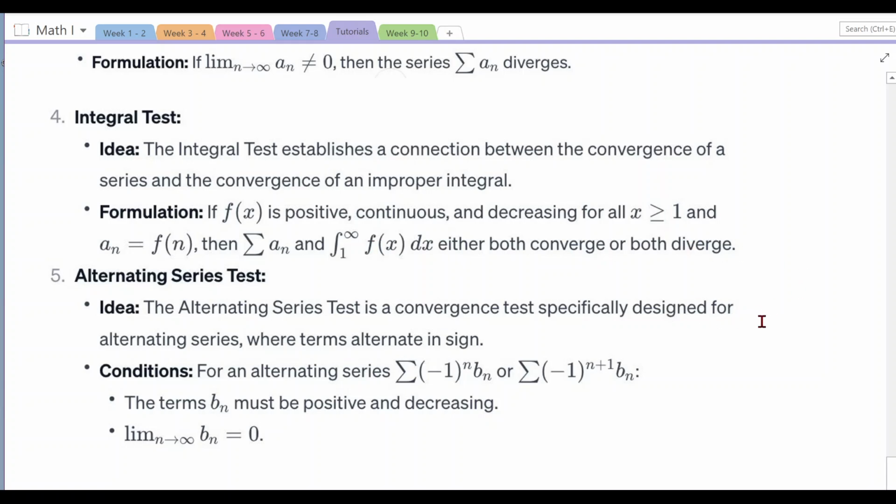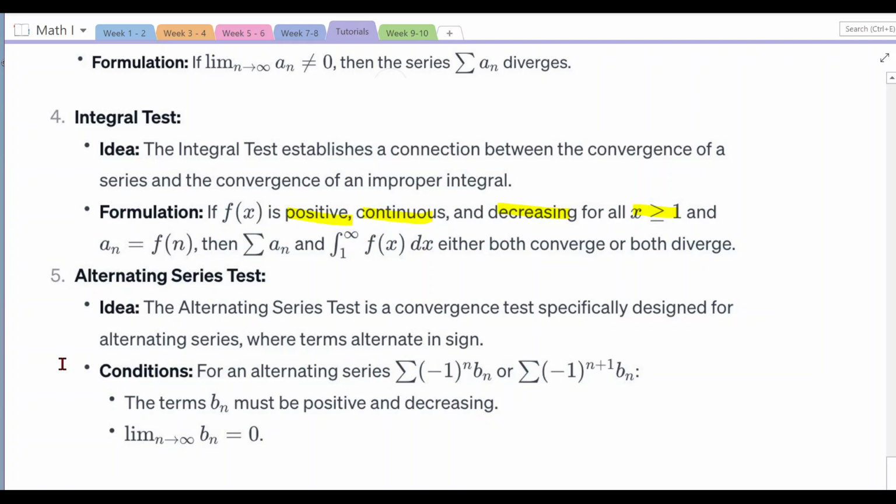Again, we will do some examples on the integral test later, but here we need to apply it only to a positive, continuous, and decreasing series for all x greater than or equal to 1 to infinity. That's why it starts from 1 to infinity.